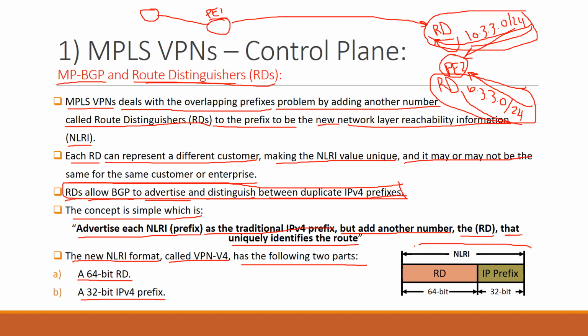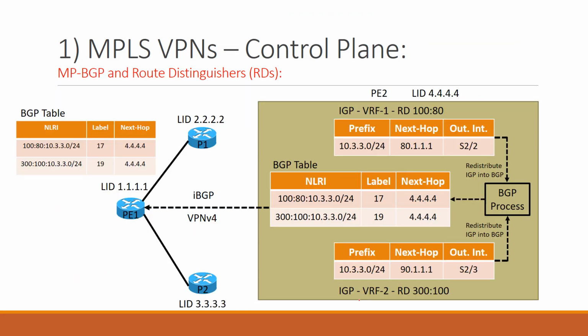So the new network layer reachability information will be like that: the IP prefix and the route distinguisher. Why use a route distinguisher? To distinguish between duplicate IPv4 prefixes, so BGP can differentiate between duplicate prefixes. The RD is 64 bits, the IP prefix is 32 bits. Let's see how RDs work with multi-protocol BGP.